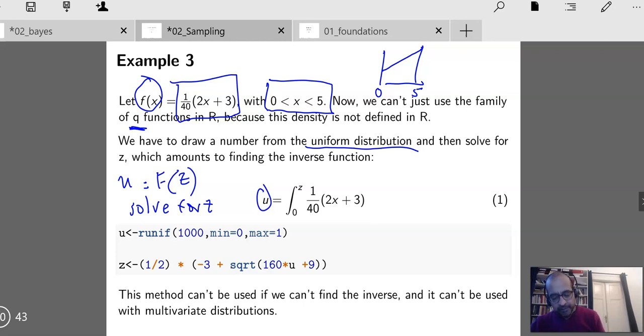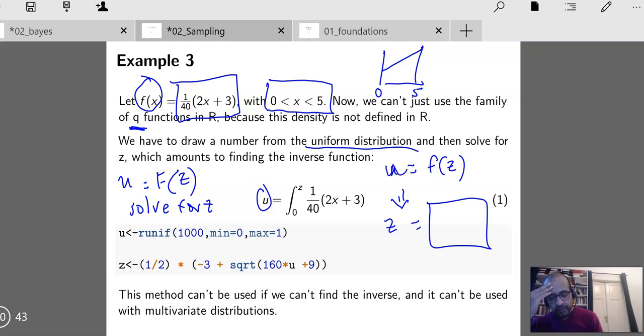So basically what will happen intuitively is that I will write u, and then there will be some expression here that is a function of z, among other things. And then I will do some simple algebra to figure out what z would be with respect to all the other variables, right? So basically I just solve for z here.